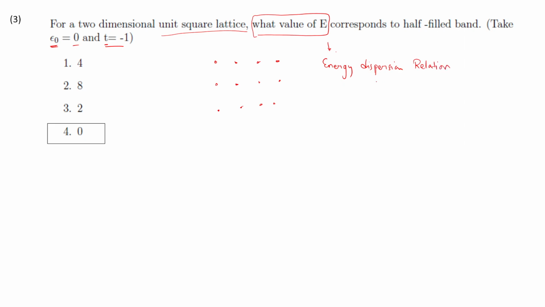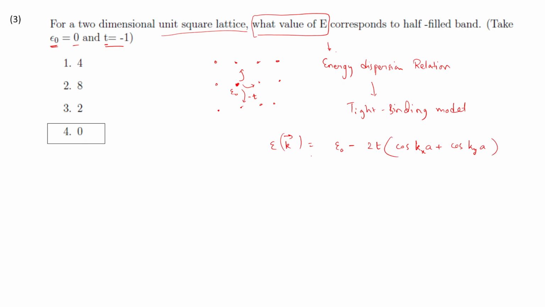If you do the tight binding model, in which you will have some hopping integral, for example the on-site integral is, let's say, epsilon naught, and hopping integral is minus t, then what you have is the energy dispersion relation. You can prove that epsilon of k is equal to epsilon naught minus 2t (cos kxa plus cos kya).